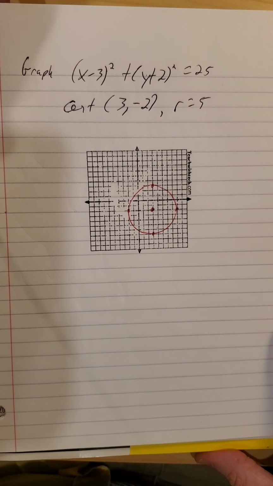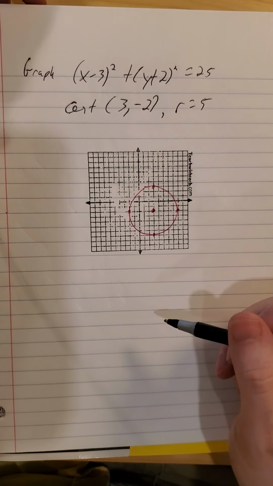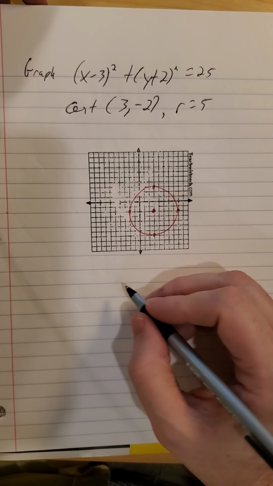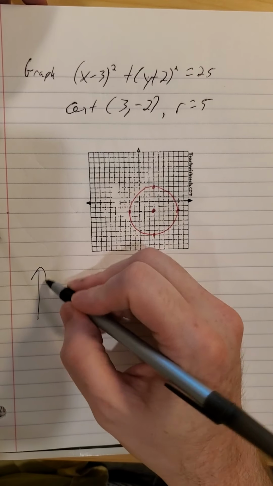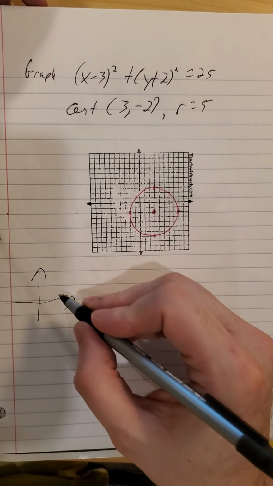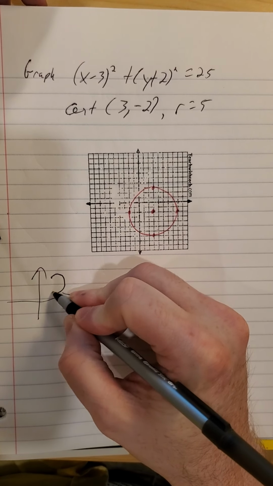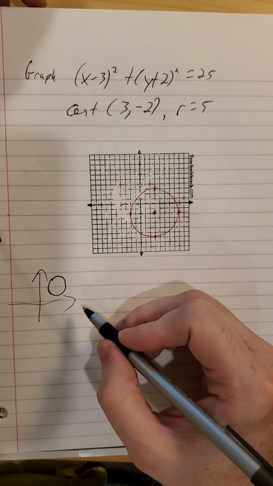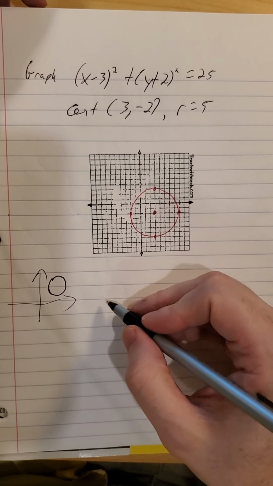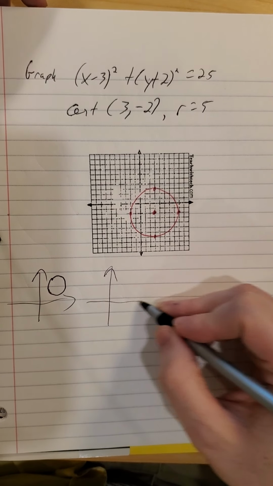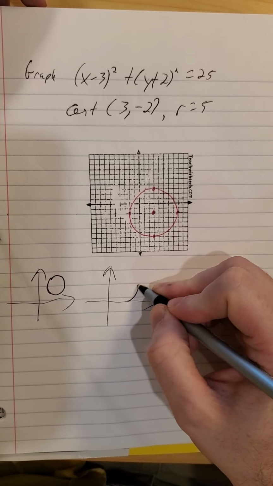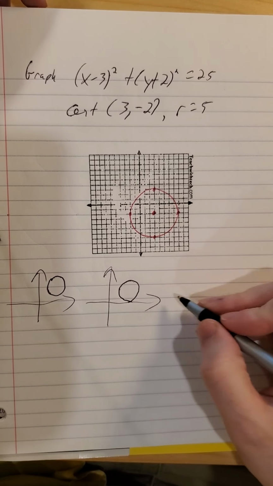Next, we'll take a look at the idea of intercepts. As far as how many intercepts a circle can have, this one we don't need a lot of detail. It's possible that a circle will have no x-intercepts and no y-intercepts. It's possible it will have only one of those two, either one x or one y.